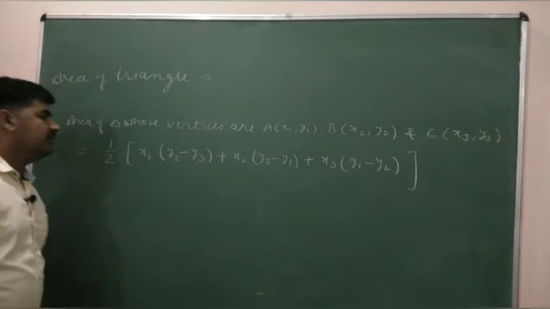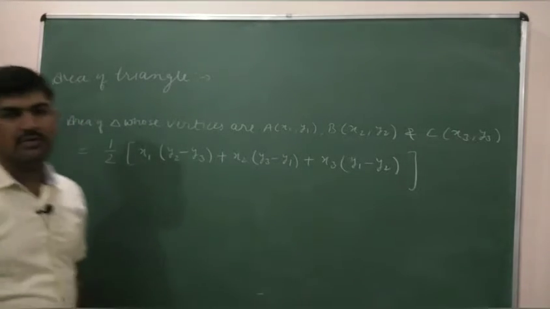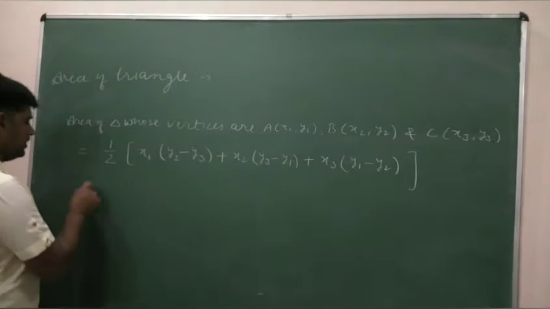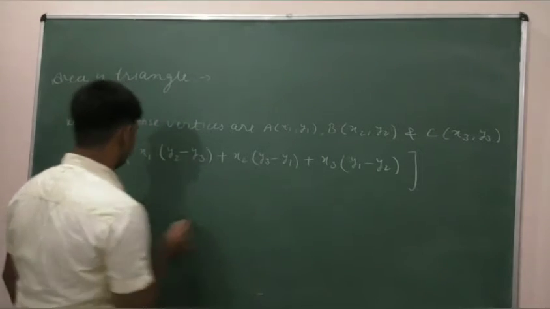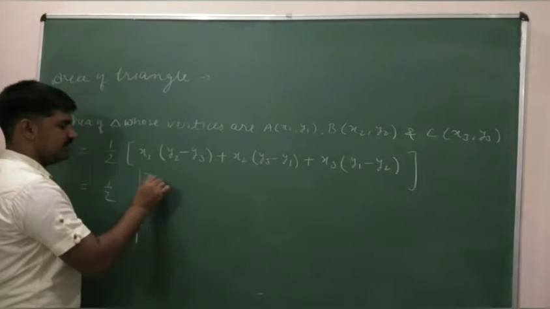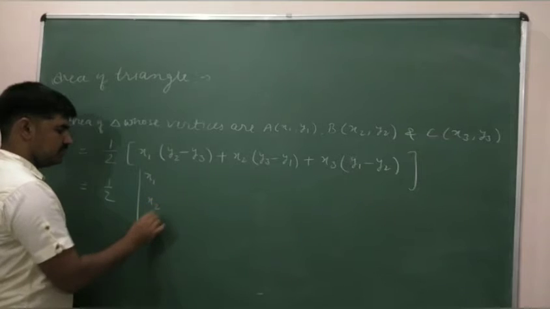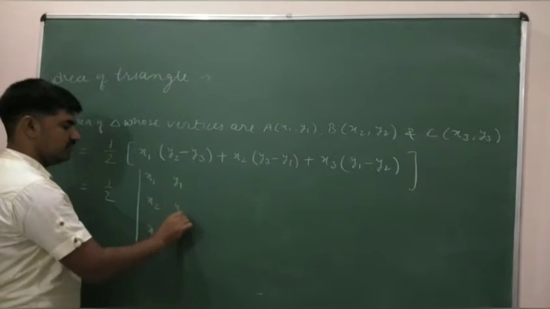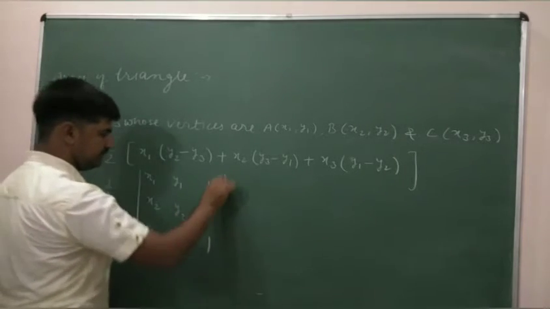Here we will make this particular formula in the form of a determinant. Dear students, this particular formula can be written as half of a determinant, and the elements are x1, x2, x3, y1, y2, y3, 1, 1 and 1.